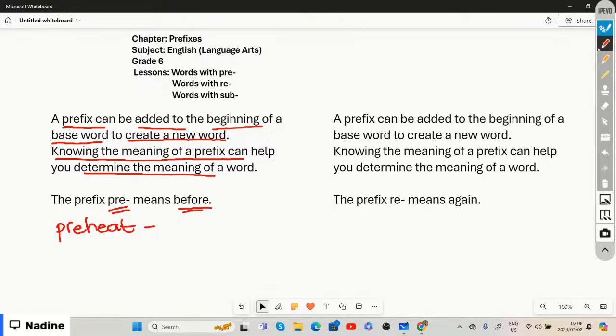Usually, when they say preheat the oven, usually during baking, it means that you need to heat the oven before. So you need to first heat the oven before you put in the cake mixture. So the oven needs to be heated. So preheat means heat before you put it in, but that is preheat.